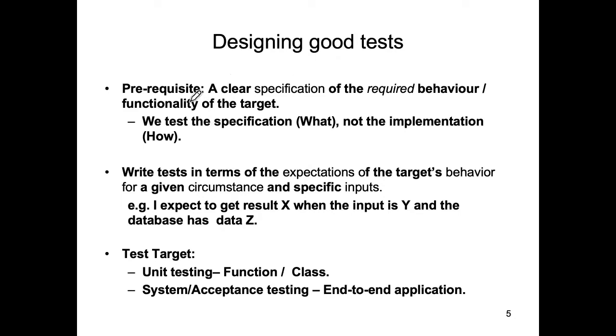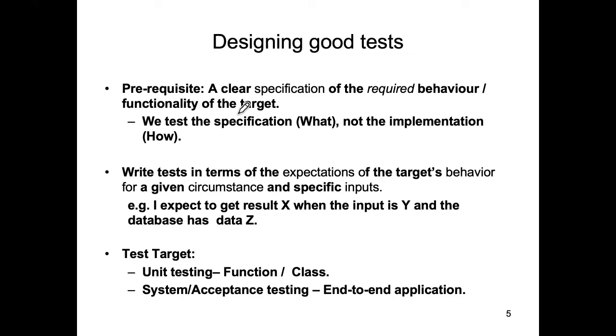The point though is here, right, that when we write our automated tests, we must write our automated tests against the specification rather than against the implementation of that specification, the implementation being your application code.